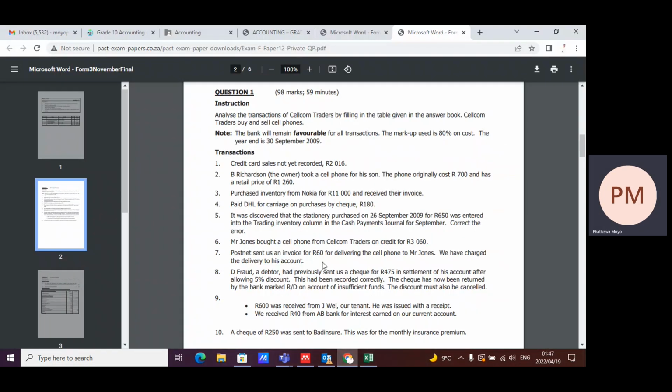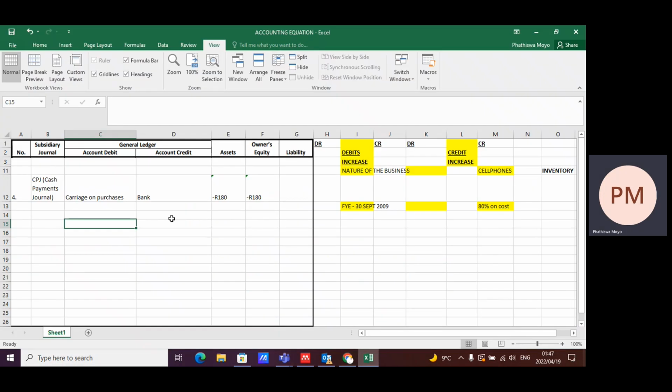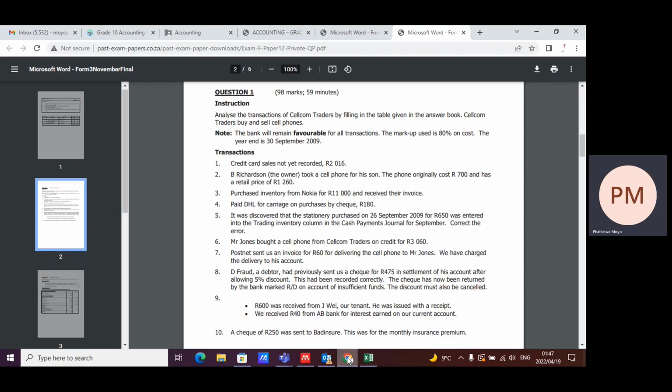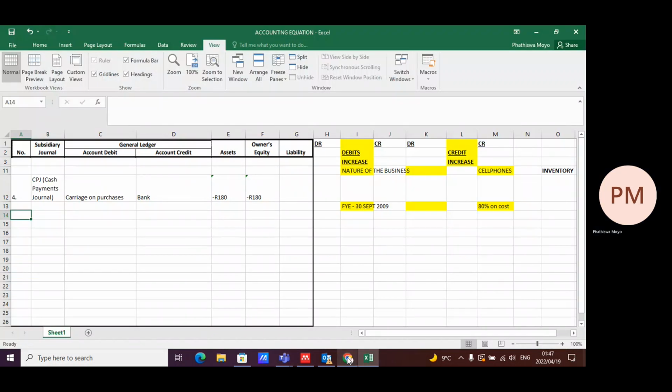Okay, so they're saying here the stationery, which is the expense. So I would put this, what is the date? 5th. It's number 5 actually.